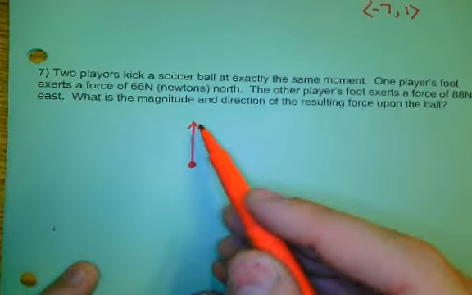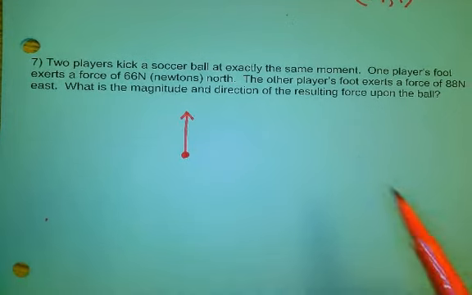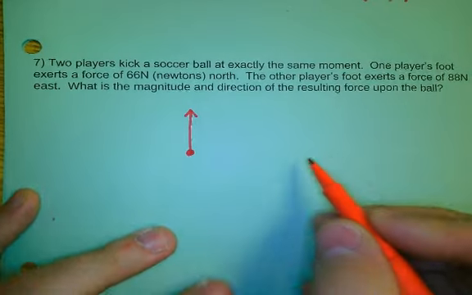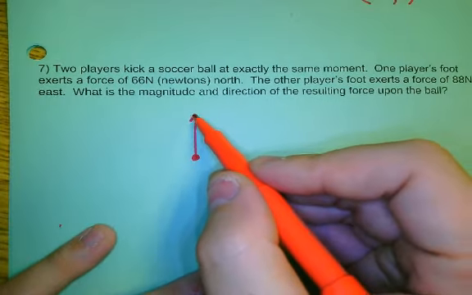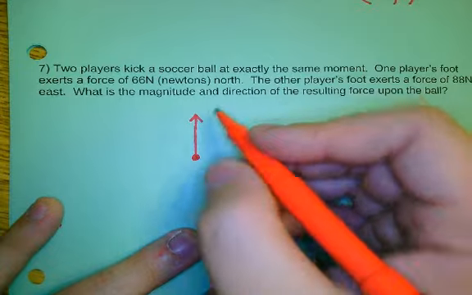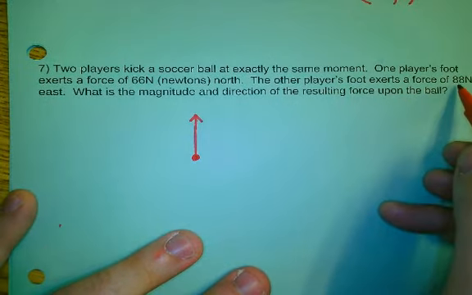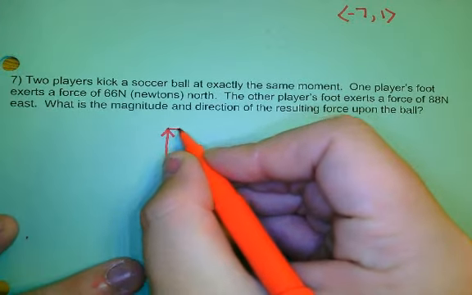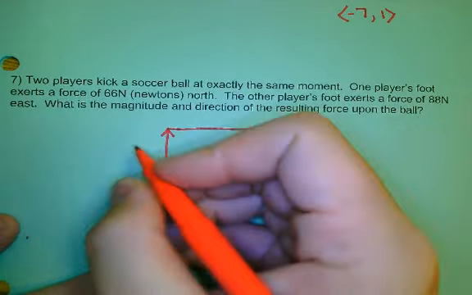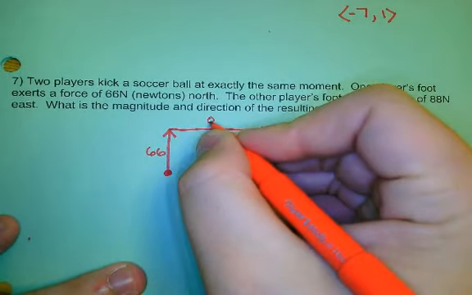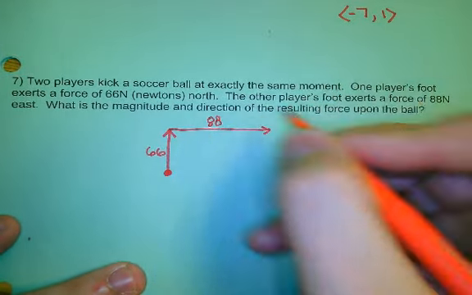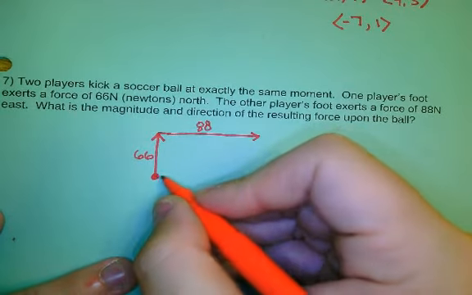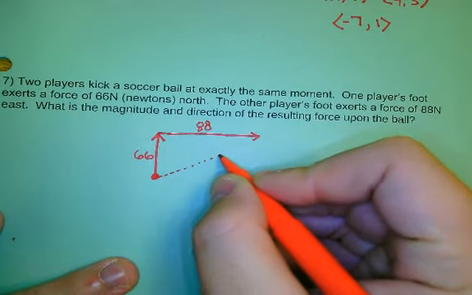We usually do want to draw it from here, because it's going to give us the same resultant. That's all I really care about. It doesn't matter, so let's just draw it from here. From here we have our next force, which is 88. This is 66, this is 88, which makes a resultant force of that right there.